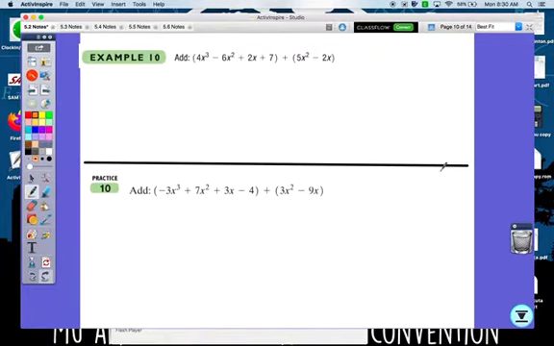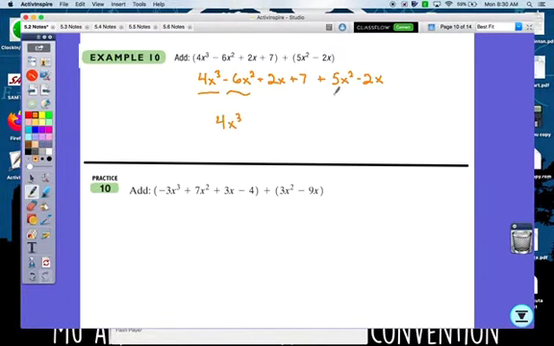All right, just a little bit more of that. Okay, again, when I'm adding, I don't need the parentheses. Those are just grouping. So 4x to the third minus 6x squared plus 2x plus 7 plus 5x squared minus 2x. All right, and then I go through and I combine. 4x to the third is the only x third term I have, so I just write it down.